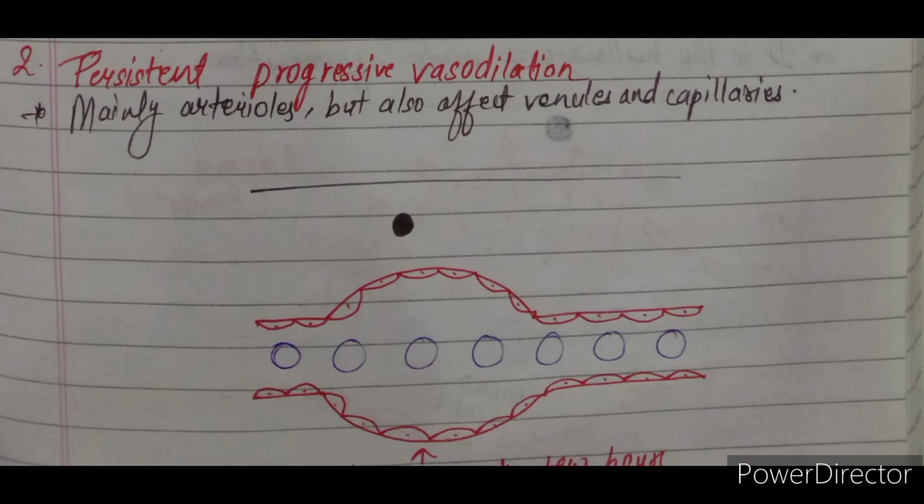Now let's come to the second step of vascular events, that is persistent progressive vasodilation. Immediately after the focal or transient vasoconstriction, there will be persistent progressive vasodilation, and it will occur mainly in arterioles, but it can also affect venules and capillaries.